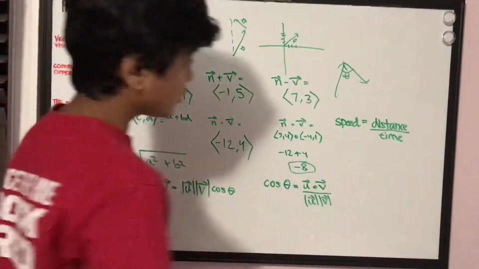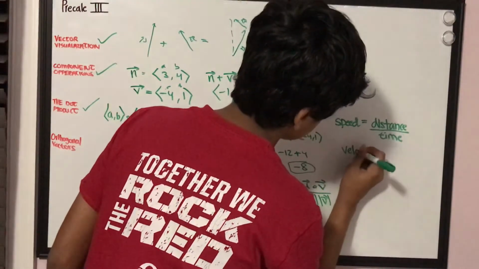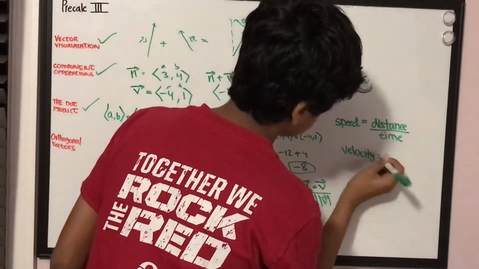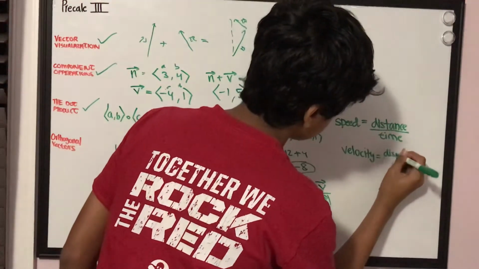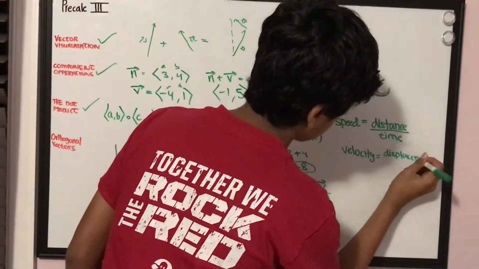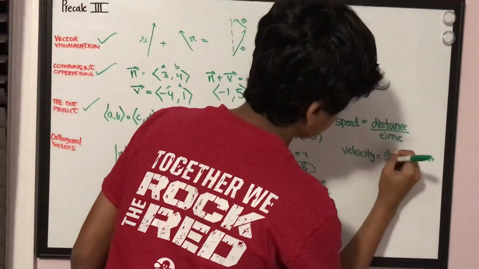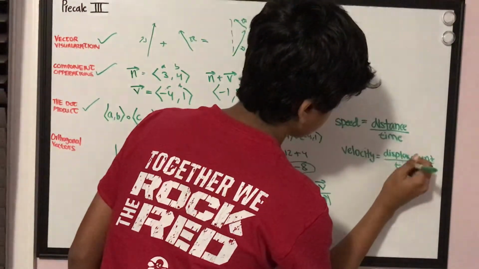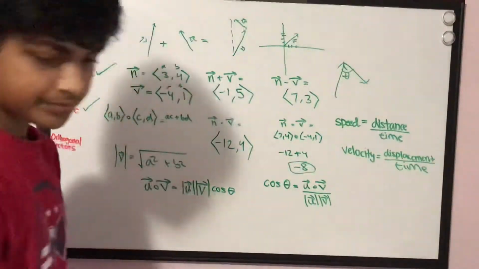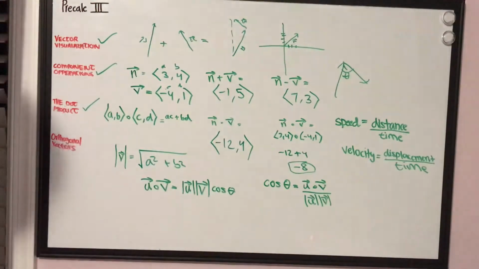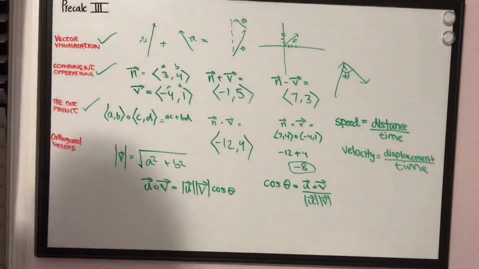You're also going to want to know velocity is equal to displacement over time. That's something you're going to need to know for the word problems we're about to complete.